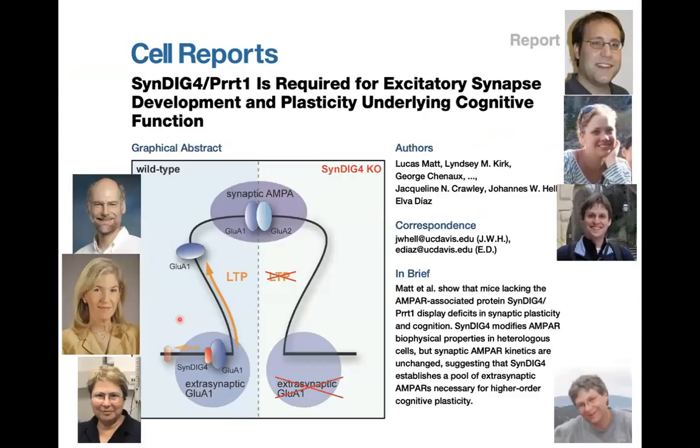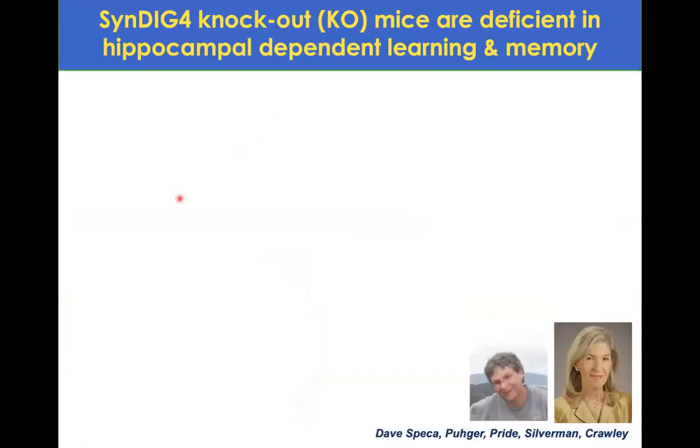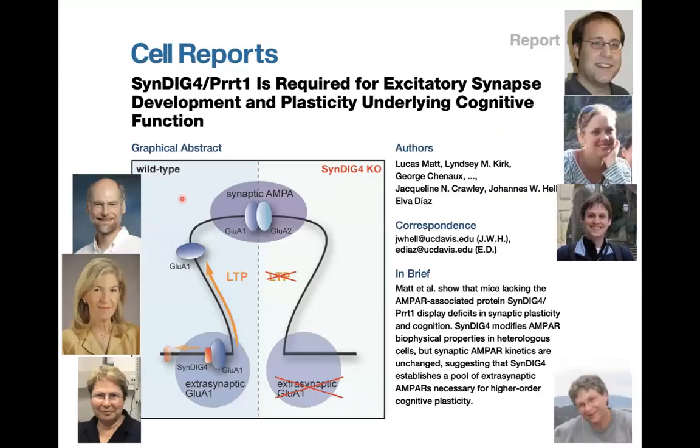Okay, I'm just going to give you a few of the highlights from a publication that we published almost 5 years ago. But this also highlights some of the strengths of UC Davis that I'm sure many of you are aware of: Davis is a highly collaborative, collegial, and supportive environment.